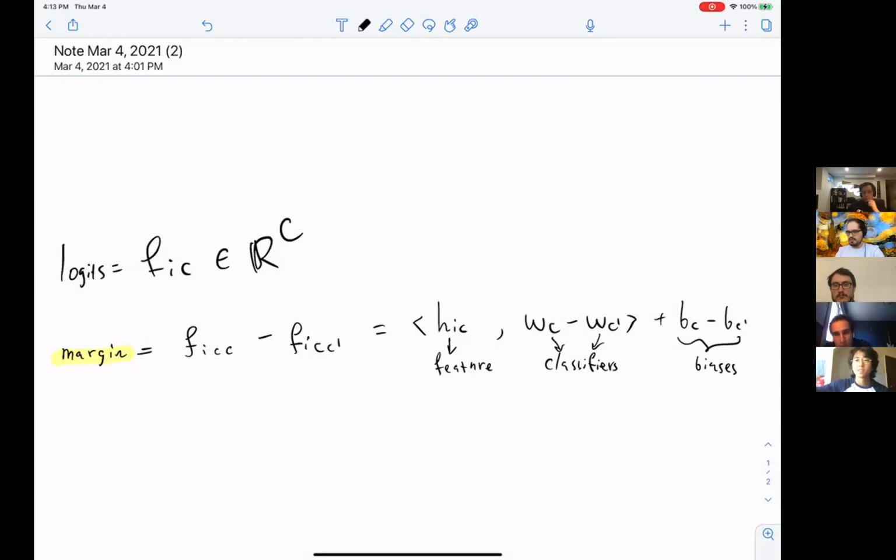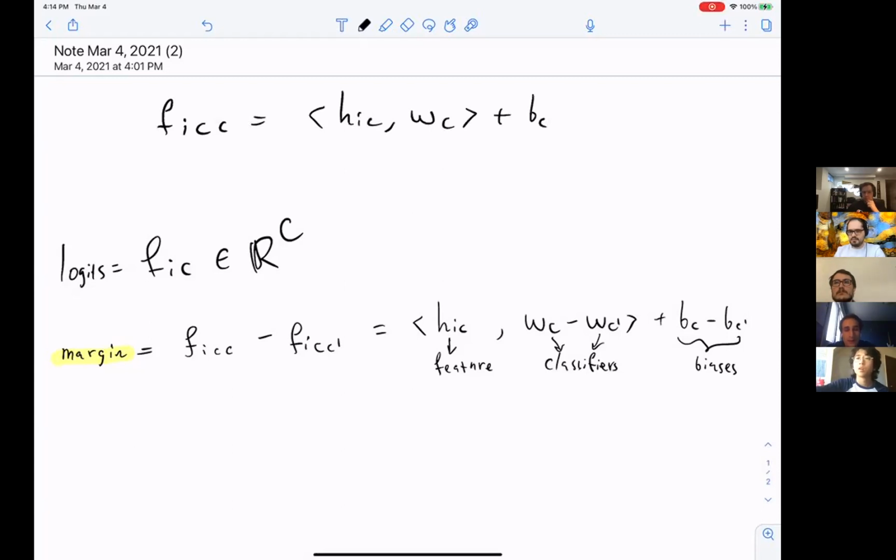And basically it's just the difference between the logit of class c and the logit of class c'. One more question. So f_icc, the first i, it's clear what the i index is referring to in the equation. Then the cc I wasn't too sure what does it correspond to. So f_icc is h_ic inner product w_c plus b_c.